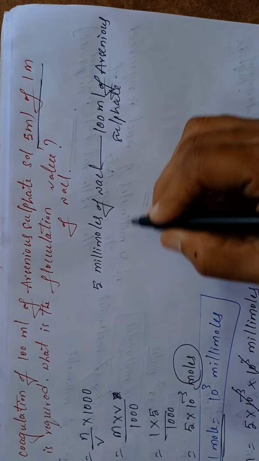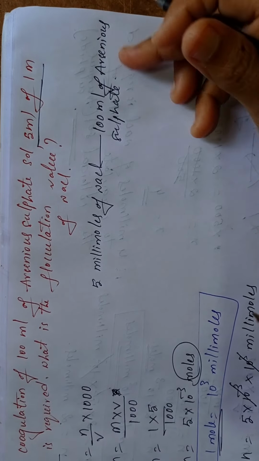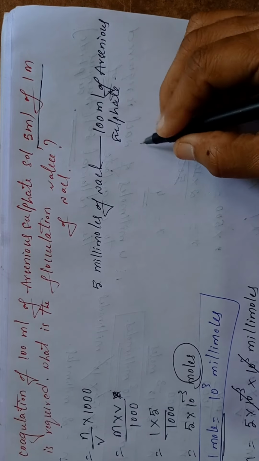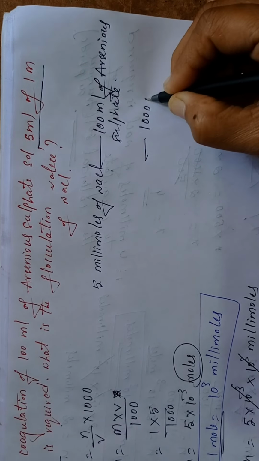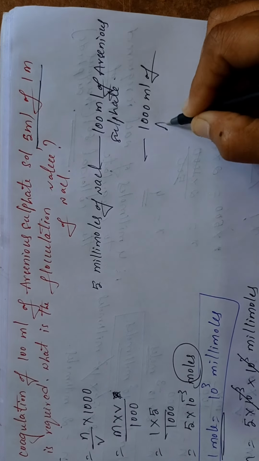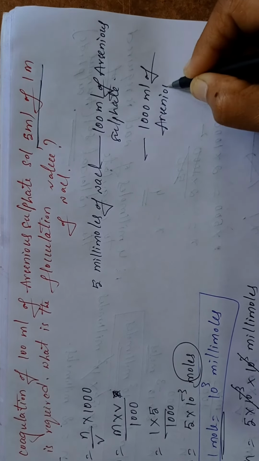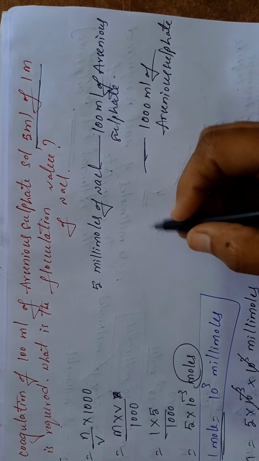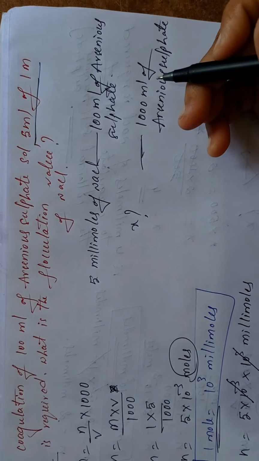Understanding? But the question is, for 1 liter of arsenious sulfate, how many millimoles of NaCl is required? So here I am taking 1000 ml. 1 liter is nothing but 1000 ml of arsenious sulfate. For the coagulation, how many millimoles of NaCl is required?